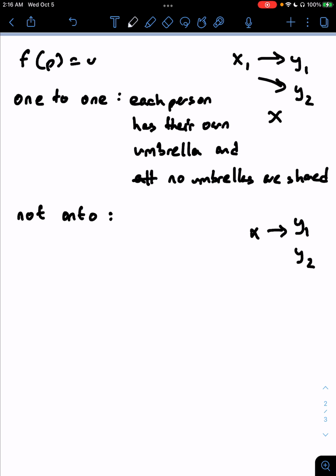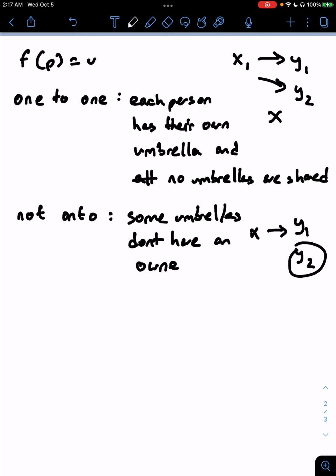So some umbrellas don't have an owner. Because if it was onto, then all the umbrellas would have owners, you know? I guess another way to put it is that some umbrellas aren't used, but yeah.